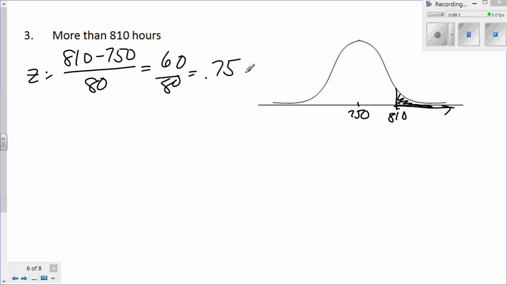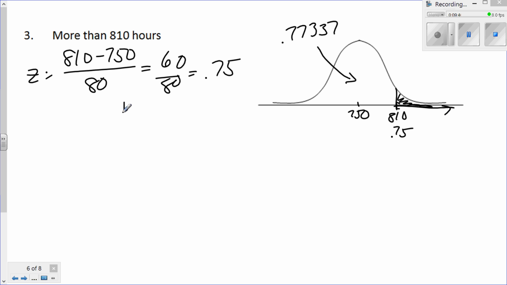I'll look this up in my table. So I'll look in the z column for the 0.75, and that's going to correspond to an area of 0.77337. But that 0.77337 is the probability of being less than 0.75, and we're interested in being greater than 0.75.